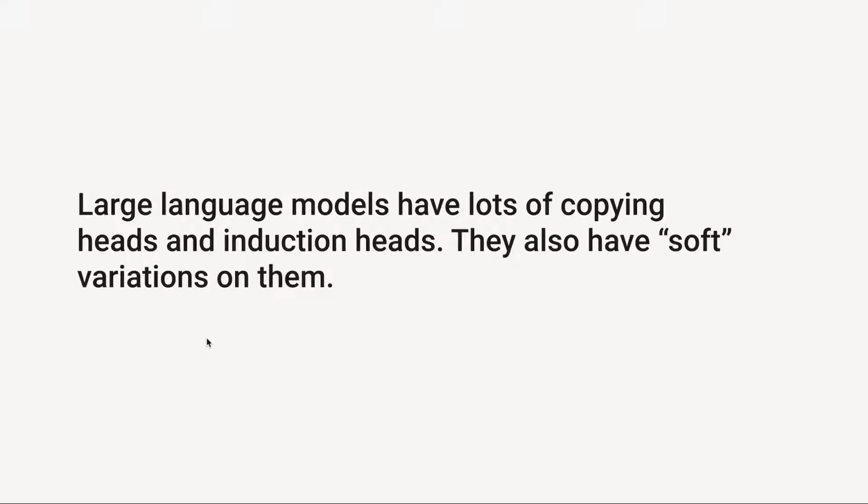So we'll look at a couple of examples of those. And I think they paint a picture of how doing really strict copying and induction wouldn't be sufficient to accomplish a lot of behaviors we see in these models. But perhaps these variants can allow a much wider range of meta-learning behaviors. And that's very interesting to me.